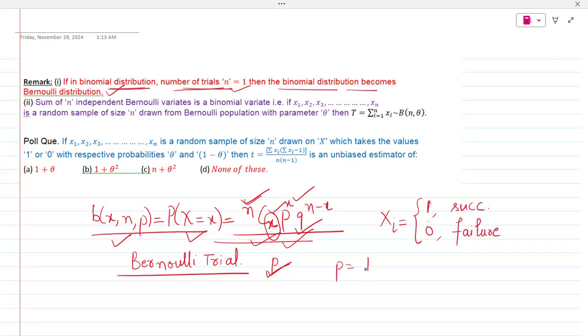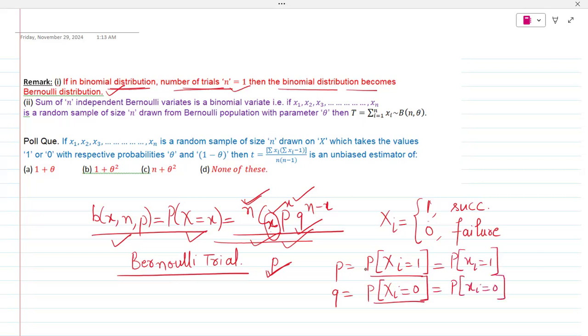This p is the probability that xi takes the value 1. And what is q? The probability that xi takes the value 0. Whether you use capital Xi or small xi, you may say here also the probability that small xi is 1, or the probability that small xi is 0.